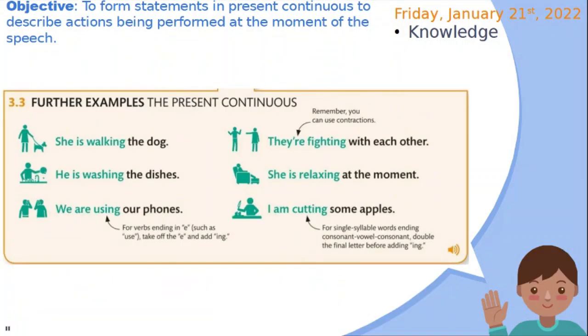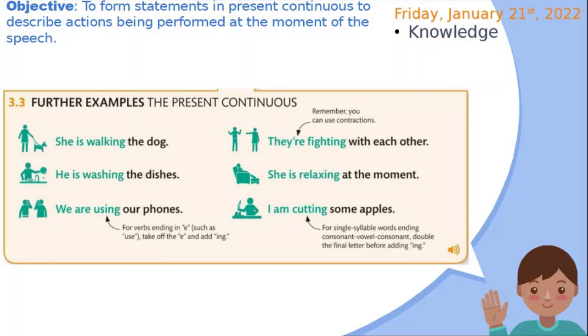Okay, let's observe some other examples. She is the subject, so she is walking the dog. She is walking the dog. We observe the ending ing. We just add ing to the main verb walk.